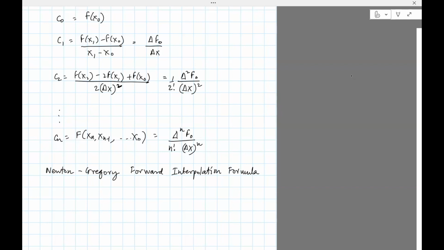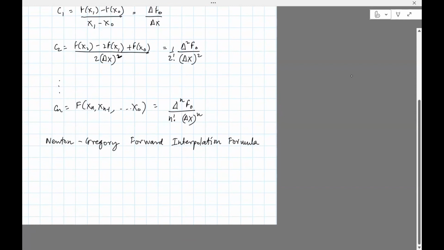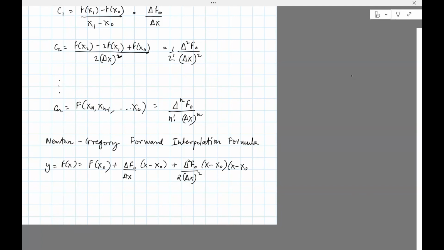Here the formula is given as follows. Y equals f of x is f of x0 plus delta f0 over delta x times x minus x0. Next term is delta square f0 over 2 delta x squared times x minus x0 times x minus x0 minus delta x.